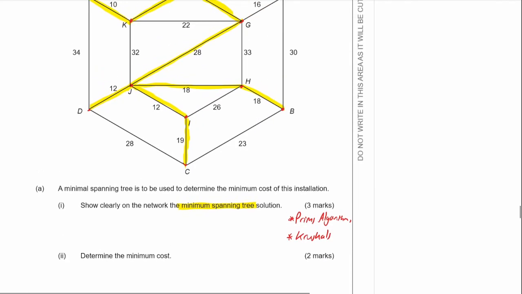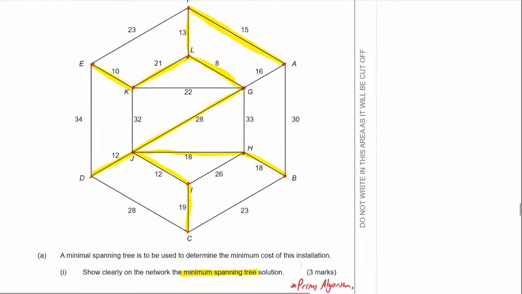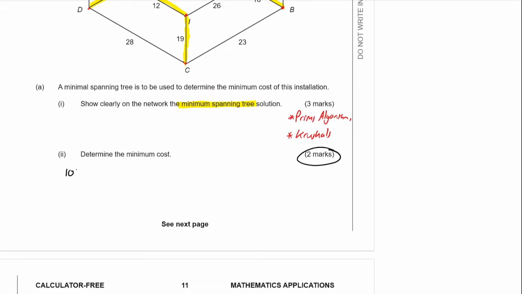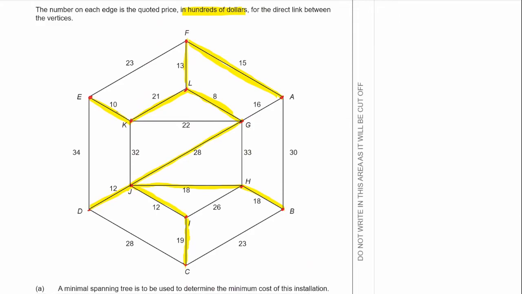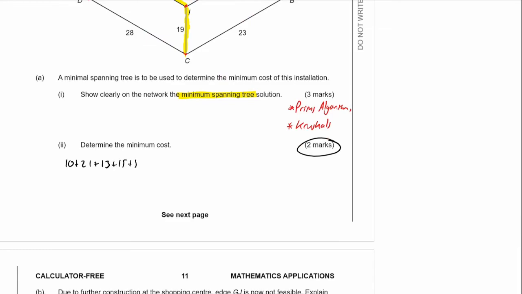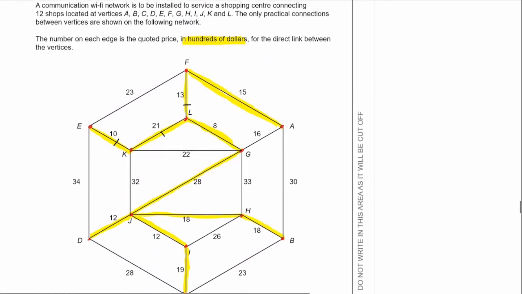Determine the minimum cost. Now we just have to go and add up all those numbers. Now it's worth 2 marks, so write down all the numbers first and then add them all up. So we've got 10, 21, and 13. So I'm just going to go 10, 21, 13. And you might even want to just put a little dash through them so you don't double count. 15 and 8. We've done that one.